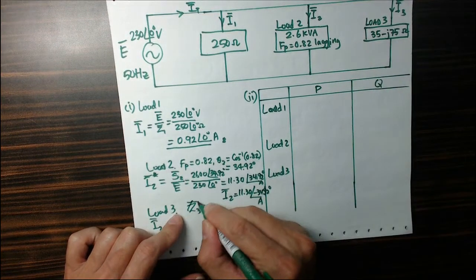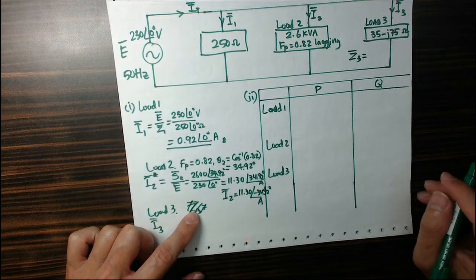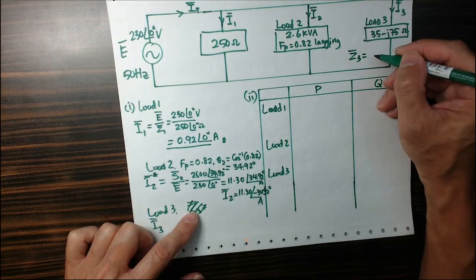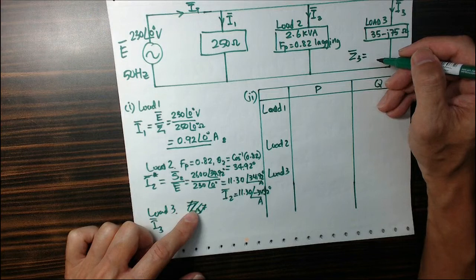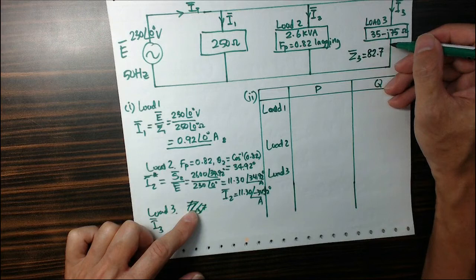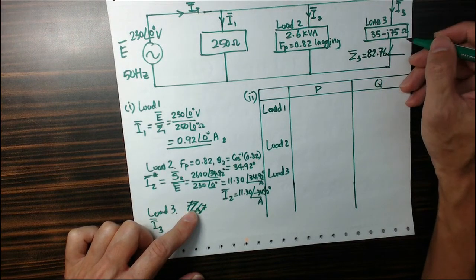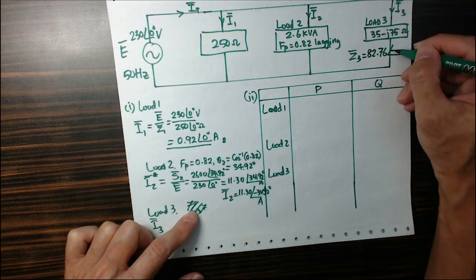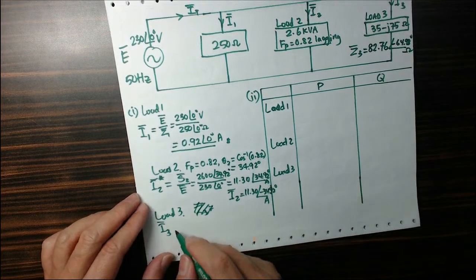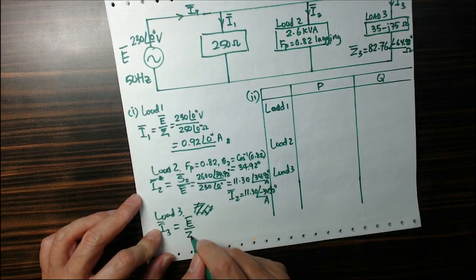And finally, for load 3, I will have to calculate the Z3. Z3 in complex form will be 82.76 in the angle of minus 64.98 degrees ohms. So to calculate I3, all I need to do is E divided by Z3.